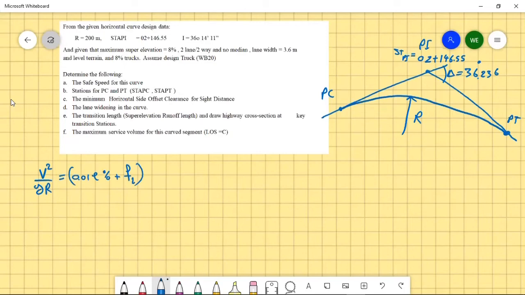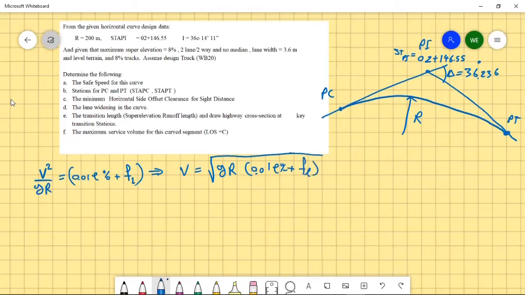So we need to find the safe speed. So V equals the square root of g multiply R multiply 0.01 e percent plus f lateral.